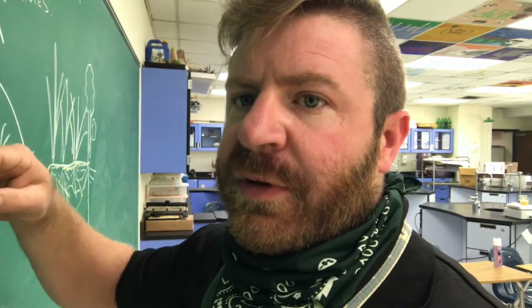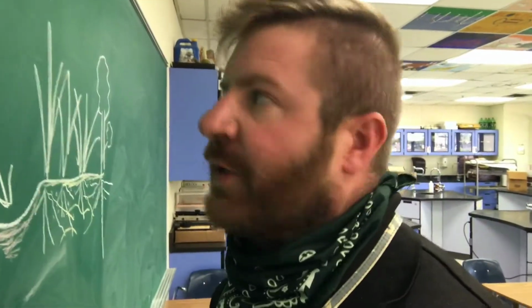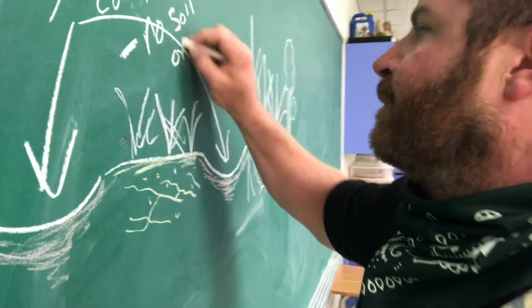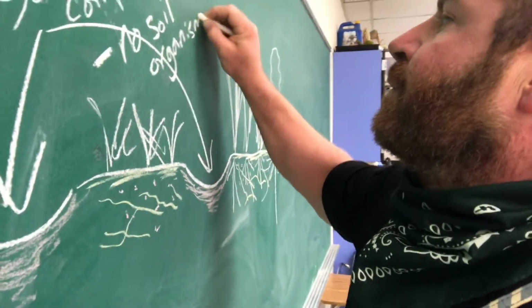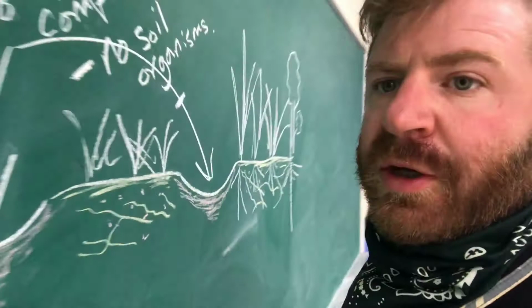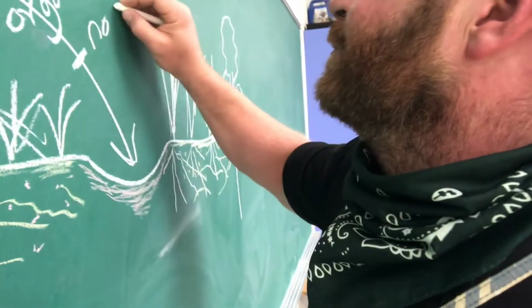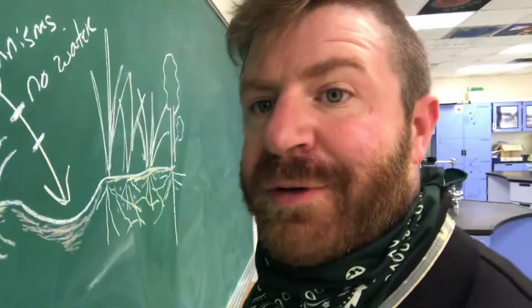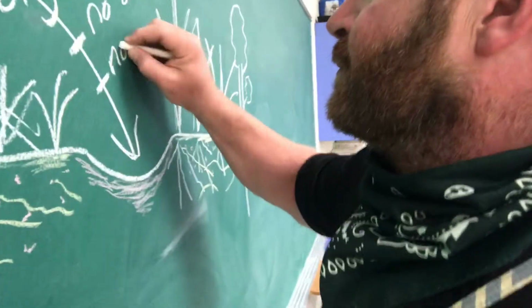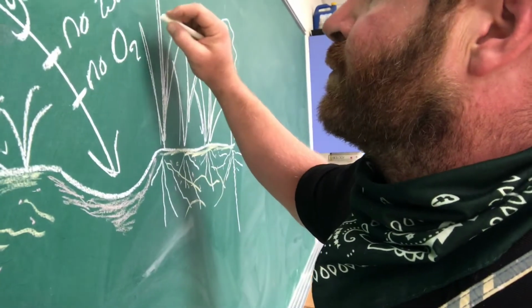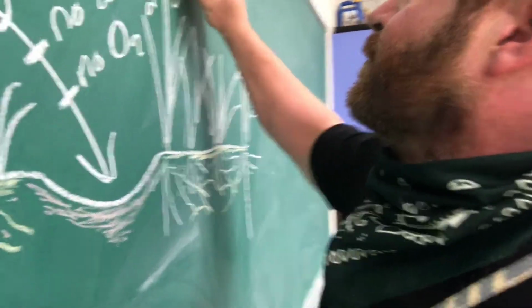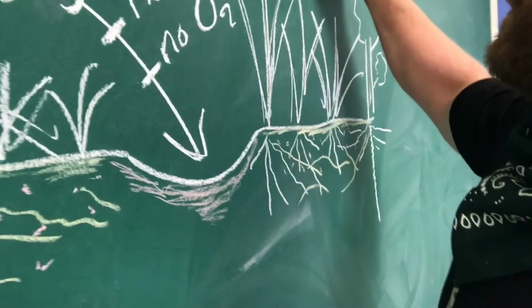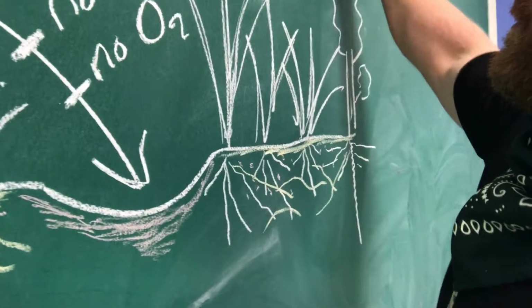Subterranean meaning sub, meaning under, and terra meaning soil, okay? Subterranean organisms, no soil organisms. No water infiltration. No gas transfer, no oxygen. So, pretty much impossible to have roots.